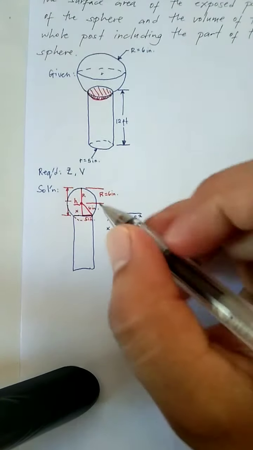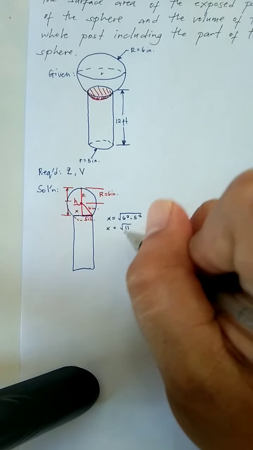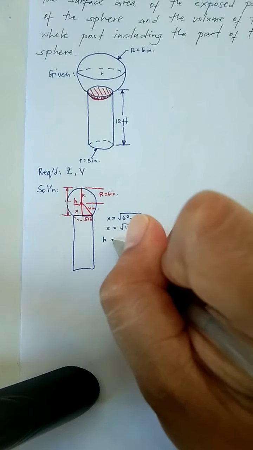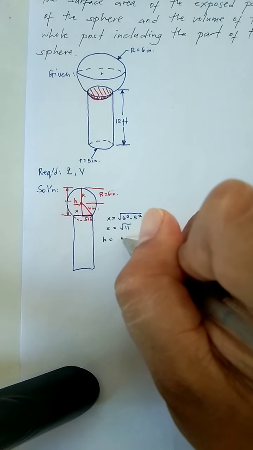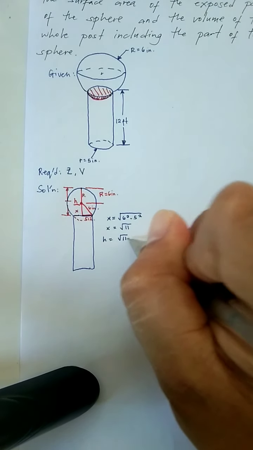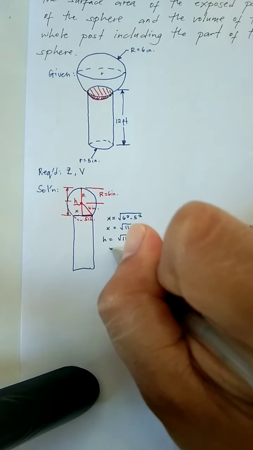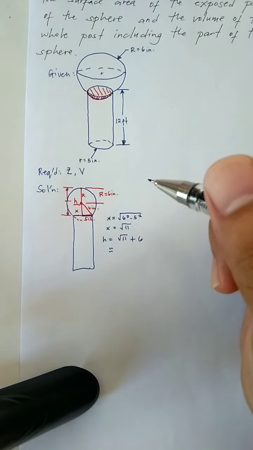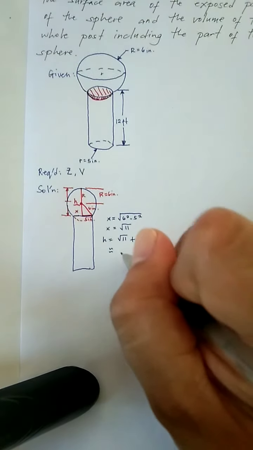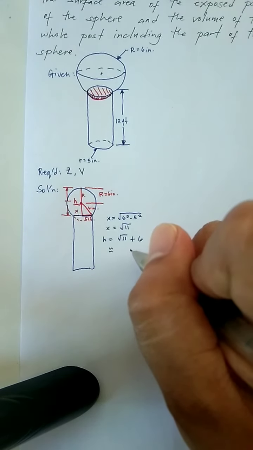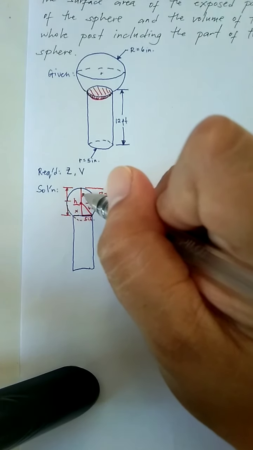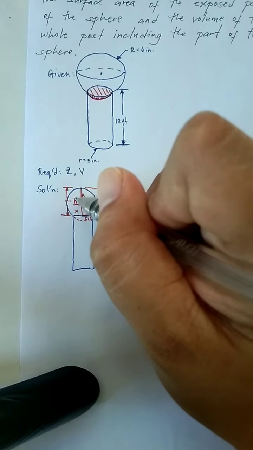Next, of course, is to get the h, which is the square root of 11 plus 6, so that's approximately 9.32. This is the h.